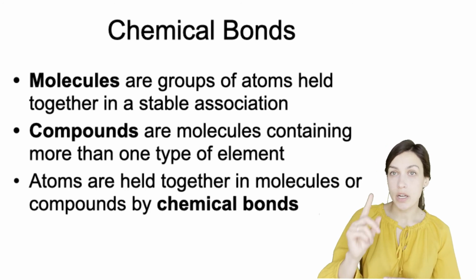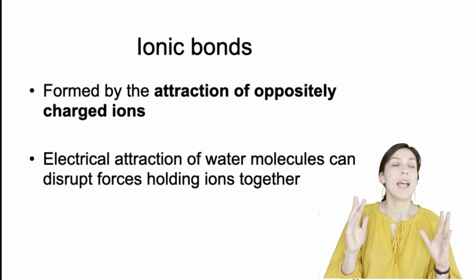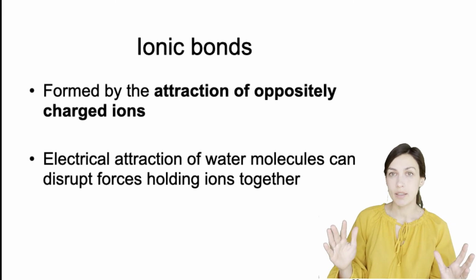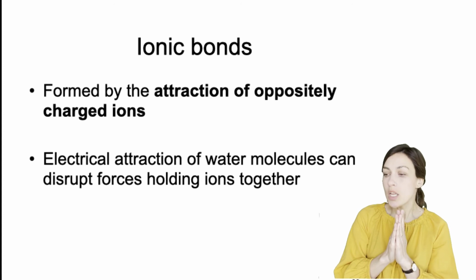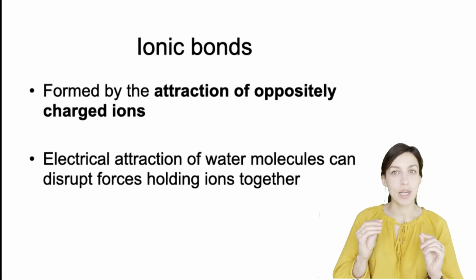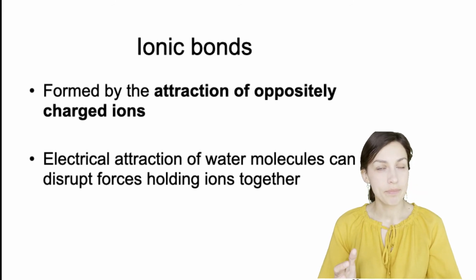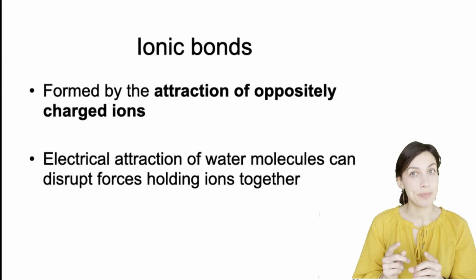We'll talk about ionic bonds. Ionic bonds are a type of bond that happens when oppositely charged ions attract one another. So in order to have ionic bonds, we first need to have ions. And let's look at how an ion can form.